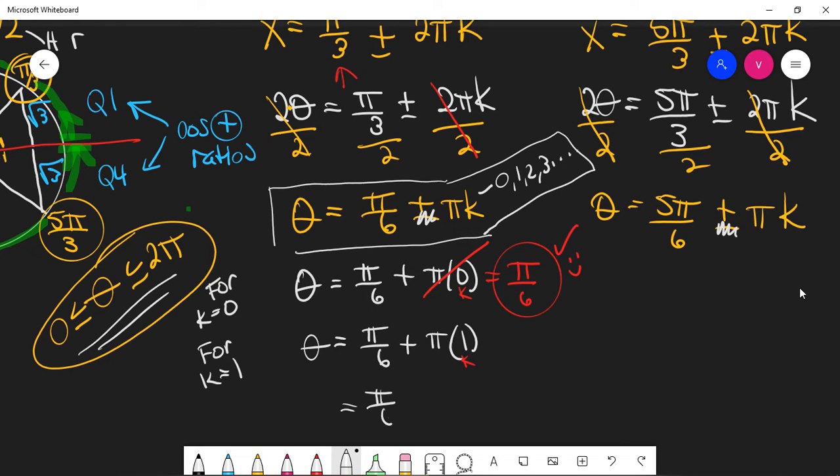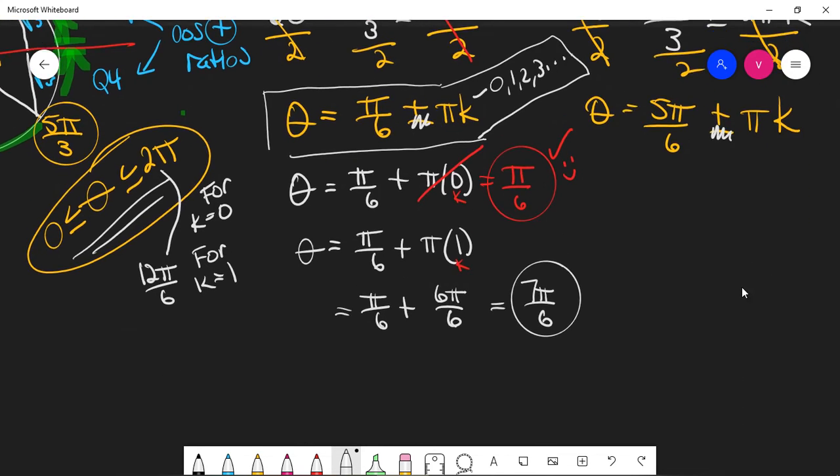Pi over 6, fraction, people. Pi is the same as 6 pi over 6, right? So pi over 6 plus 6 pi over 6 gives you 7 pi over 6. Is 7 pi over 6 in between 0 and 2 pi? Oh, what is 2 pi in sixths anyway? 12 pi over 6, okay? So 7 pi over 6 is in between 0 and 12 pi over 6.